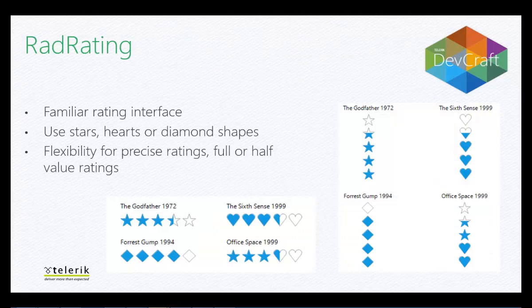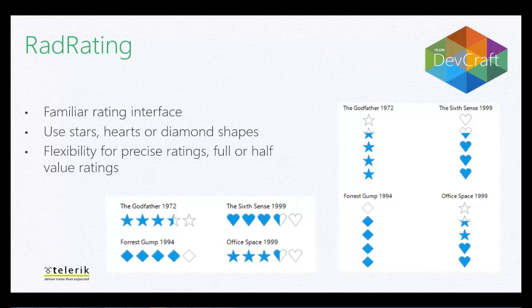Ratings are everywhere. People and companies would like to know how a particular product or service is being received by the public. A common way of obtaining this data is by providing a rating interface in your application. RadRating is a control that will allow you to implement or simply display ratings in your Windows Forms application. So out of the box, you can choose from stars, hearts, or diamond shapes.